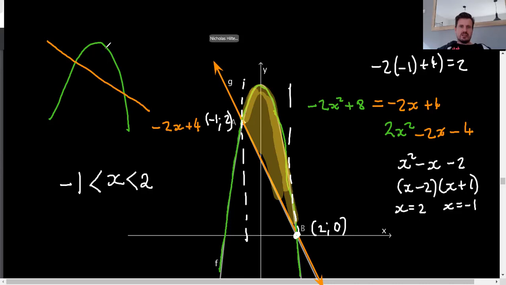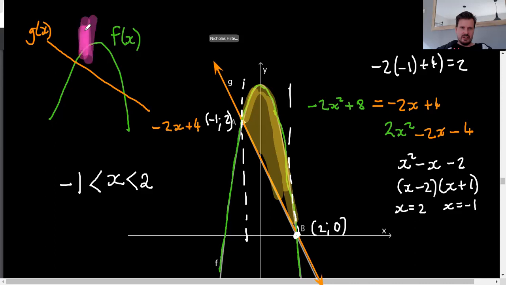So when they ask, f of x here, and g of x is the straight line, where is the parabola above the straight line? Over here. I'm going to highlight it.